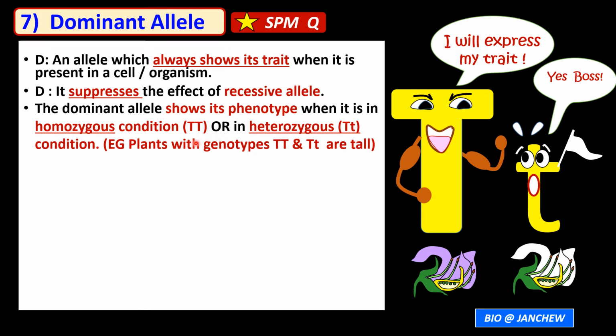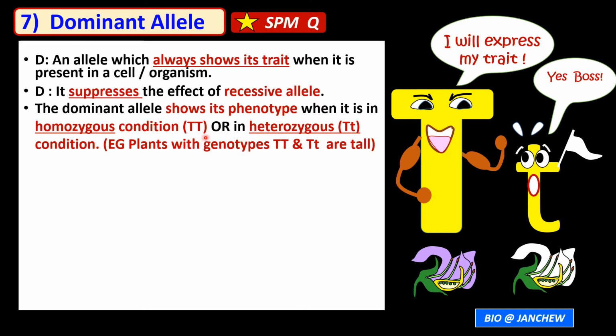An organism with genotype big T, big T is said to have the homozygous condition because homo means the same, as it has two identical alleles, big T, in each of its cells. The heterozygous condition describes an organism which has one dominant allele, big T, and one recessive allele, small t, in each of its cells. Hetero means different.